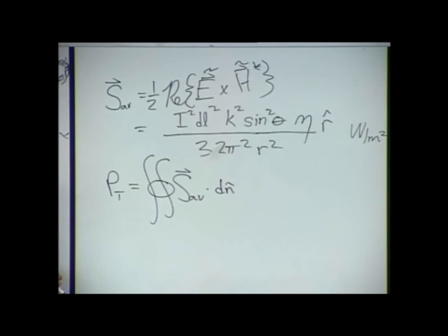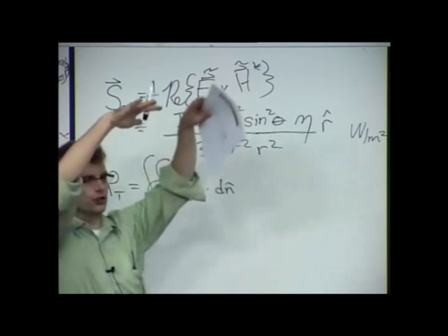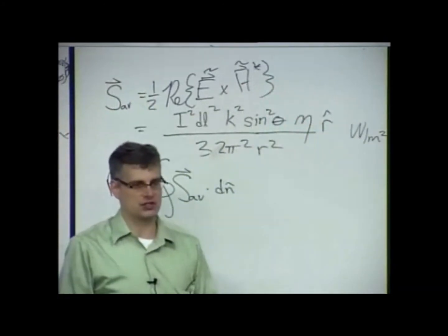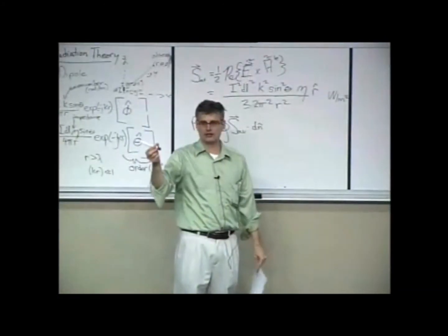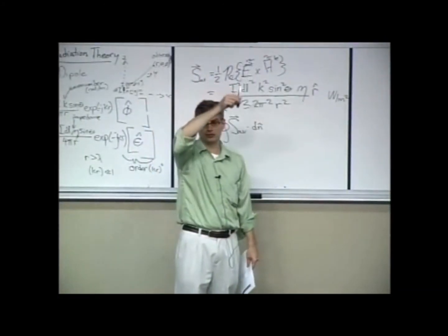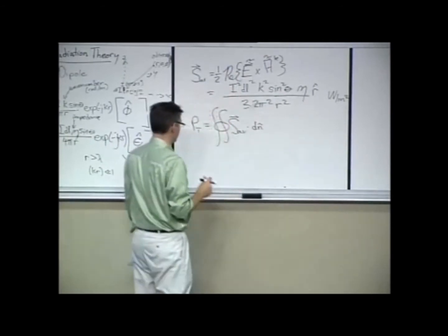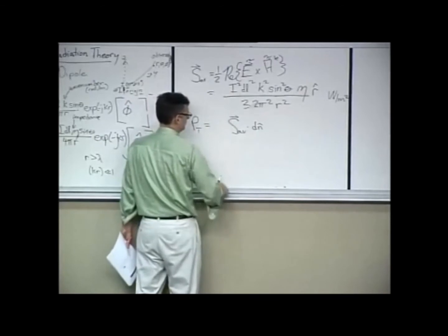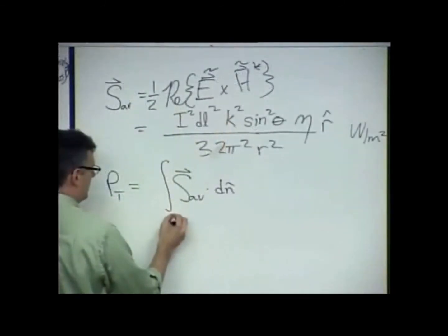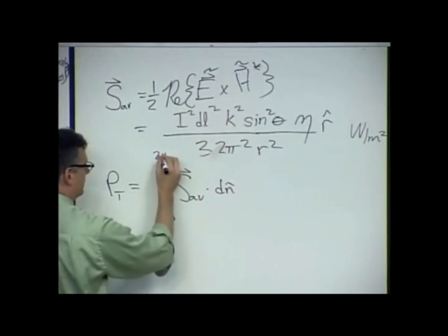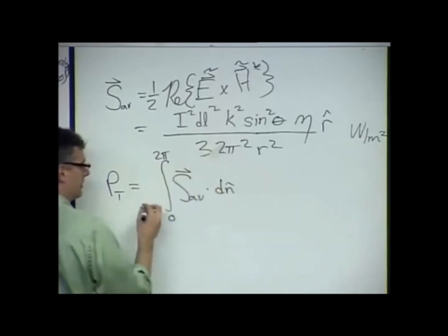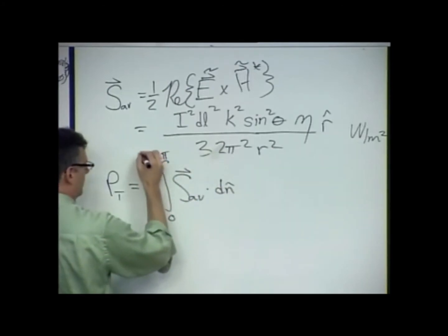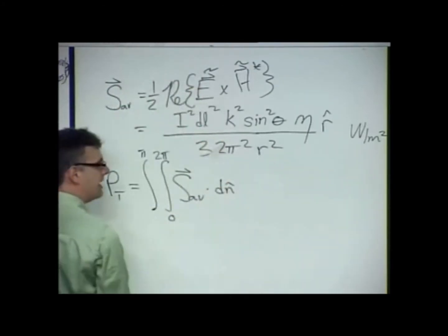I'm going to choose the surface of a sphere. So what I'm going to do is integrate over the area of a surface of a sphere, picking up all of the Poynting vector contributions sticking out of it. So what is that going to look like? I'm going to integrate from 0 to 2 pi along azimuth, and then from 0 to pi in elevation.